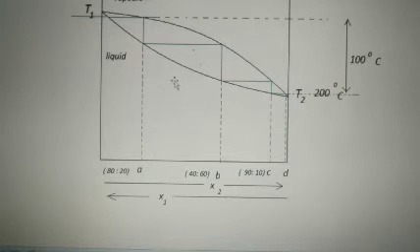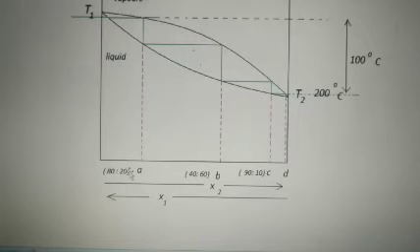So how has it changed? 98% A has changed to 80% in the vapors, and 2% of the B has been converted into 20% of the B.